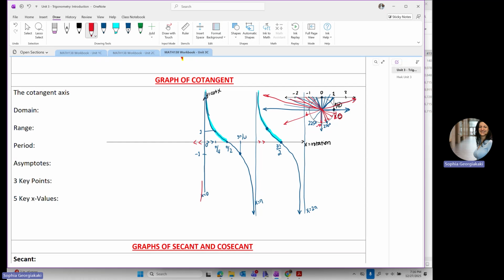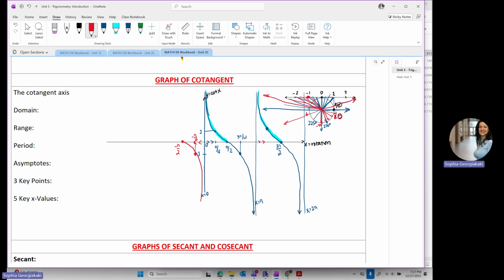So it will be going like this. Of course, that will be negative pi over 2. Of course, when I was at negative 45, I would be hitting the diagonal of the 1 by 1 square in quadrant 2. And that means that I will have a point of negative pi over 4 with negative 1.